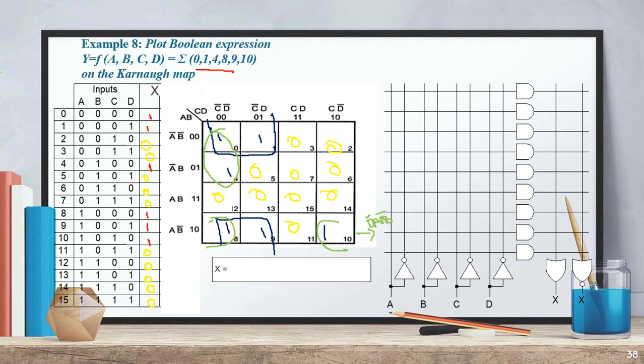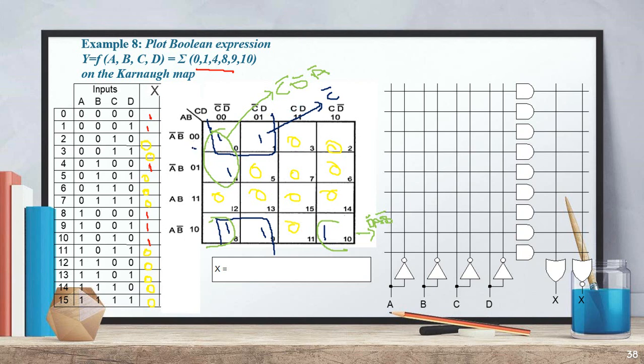And in this portion where 0 and 1, we can take something like that. C bar D bar is common and B bar B get cancelled. So it is A bar. The 4 ones present in this equation we can take as C bar D bar, C bar D. So C is common here, D bar D get cancelled.